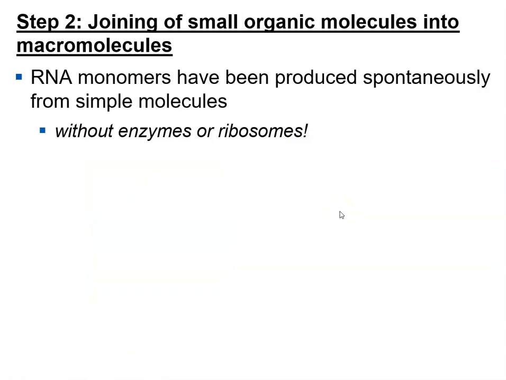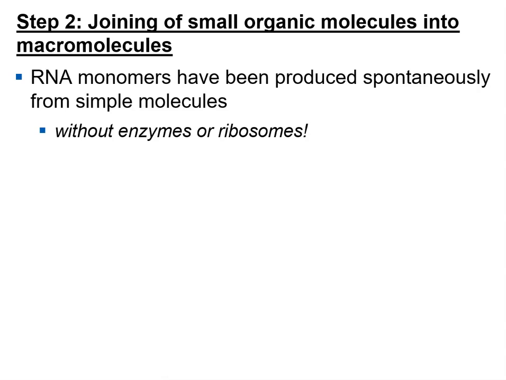Okay, now let's move on to step 2, which is how the small organic molecules that we just saw how they could have been formed would join together to form larger molecules or macromolecules. And we're really focusing on RNA as the macromolecule, ribonucleic acid, because it has been shown that this hereditary molecule of RNA can be produced spontaneously from simpler molecules.